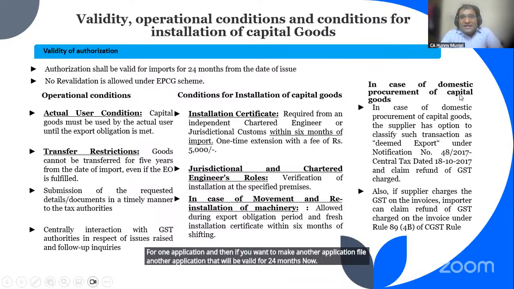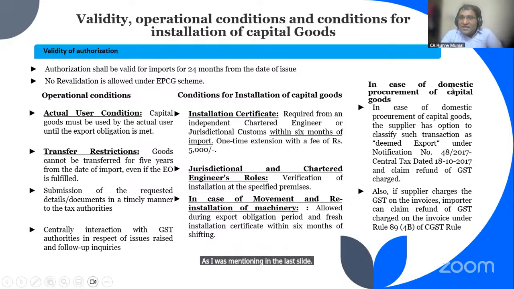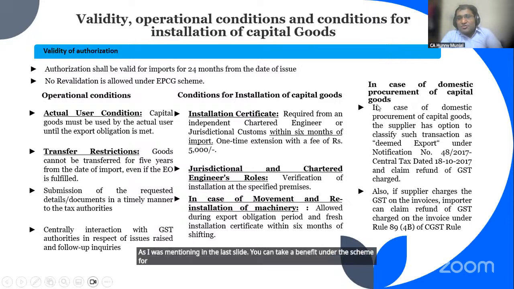Now, as I was mentioning in the last slide, you can take a benefit under the scheme for domestic procurement of capital goods.